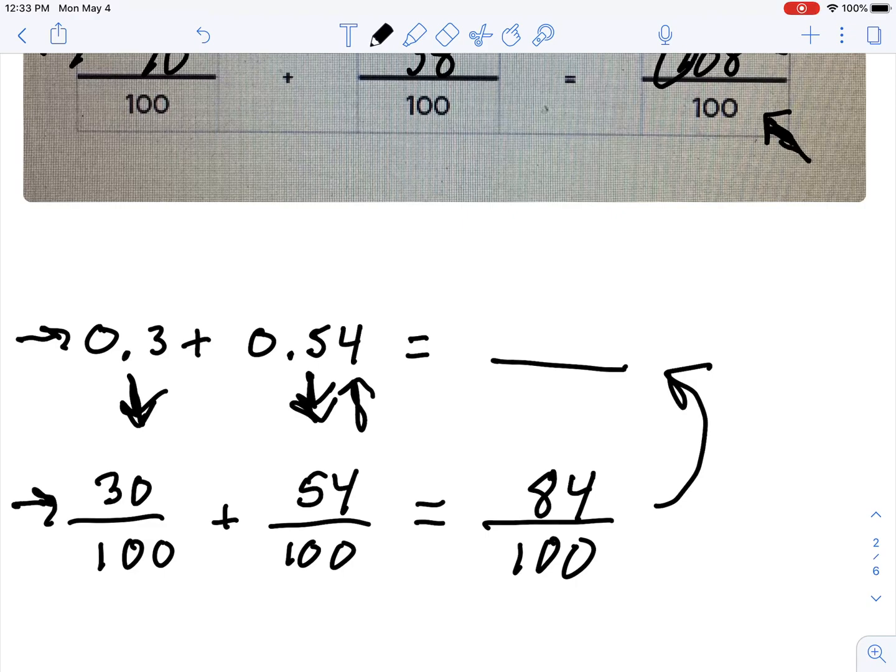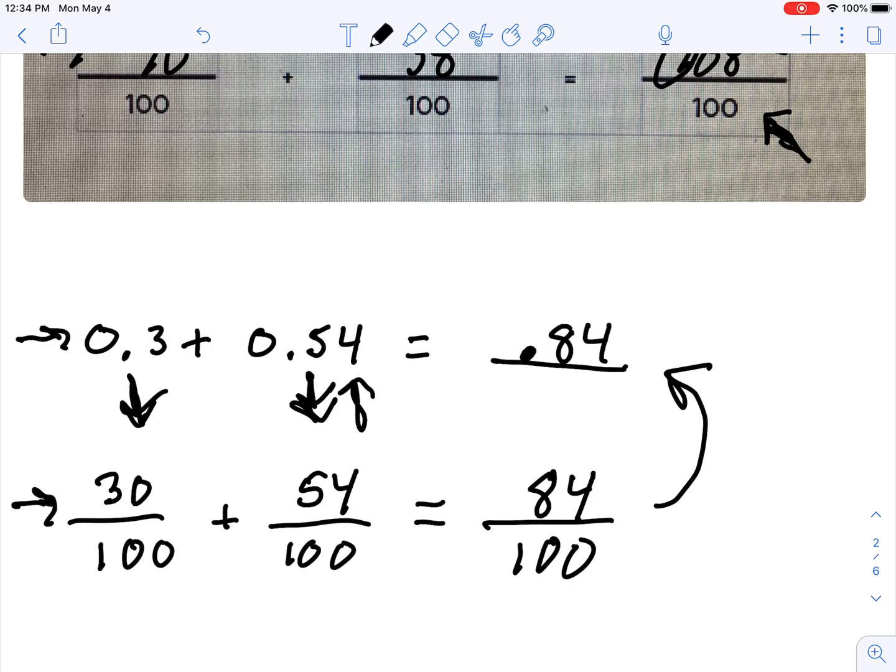Now you have to go back and write it as a decimal. So how would you write 84 hundredths as a decimal? That's correct. Decimal point 84. Now the reason they have you do it this way is because, again, you have to be able to write decimals as fractions and fractions as decimals.